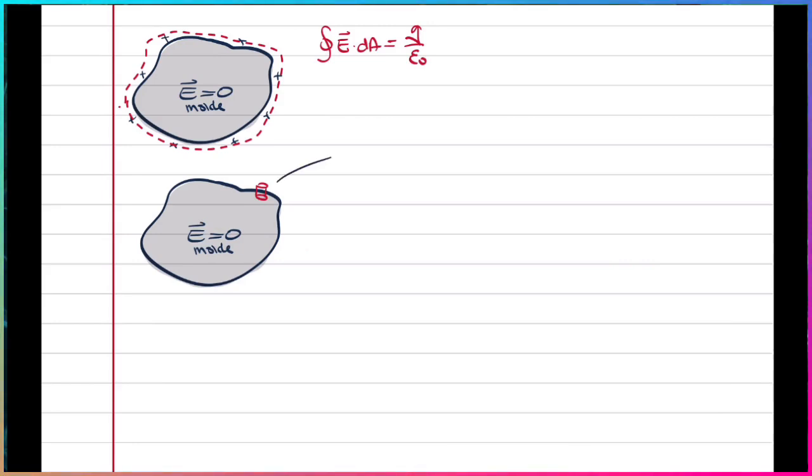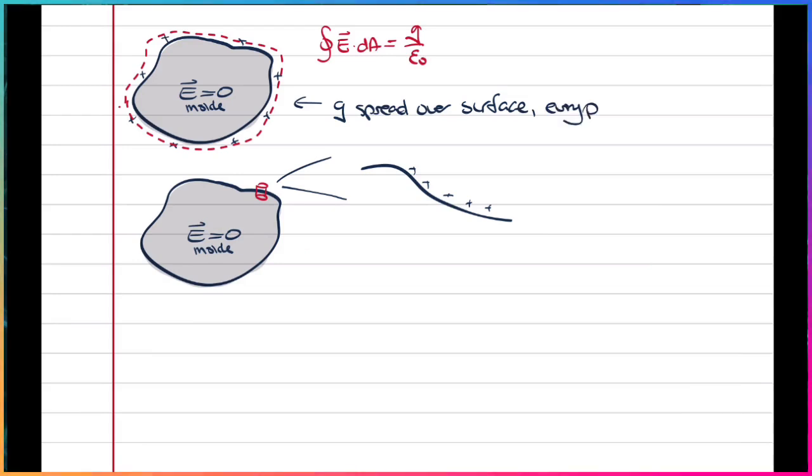So let's suppose we zoom in here. So here's the surface. There's some positive charge hanging out on the surface, and it's spread out, with Q spread over the surface. Then every point on the surface has some local charge density. Local, meaning it's not uniform everywhere on the surface, but some local charge density.